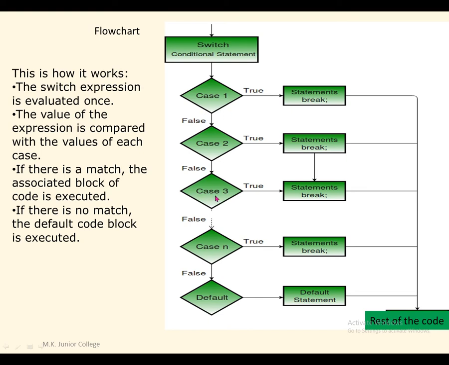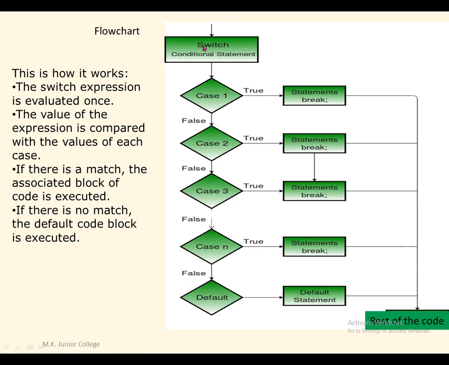Case 1, case 2, case 3, case 4, up to case n. As per this, whatever condition you are giving here, if that condition matches with case 1 or case 2 or case 3 up to case n, and suppose it does not match anywhere, directly go to the default case.